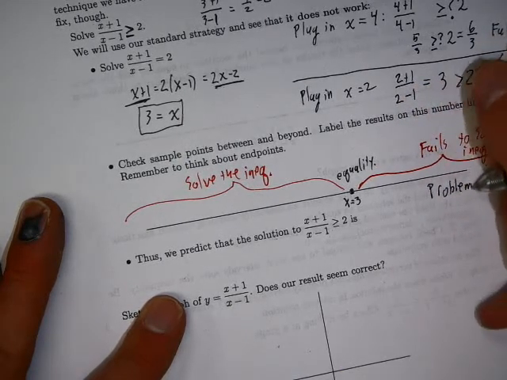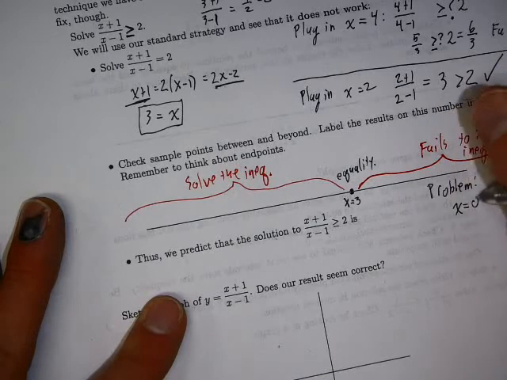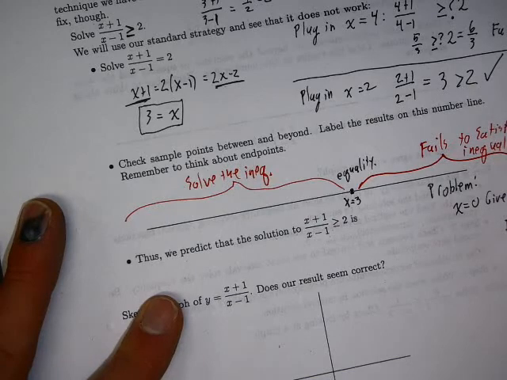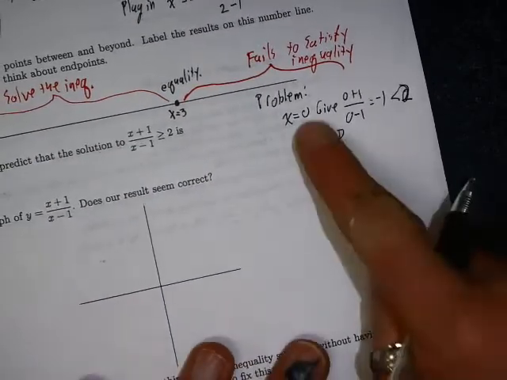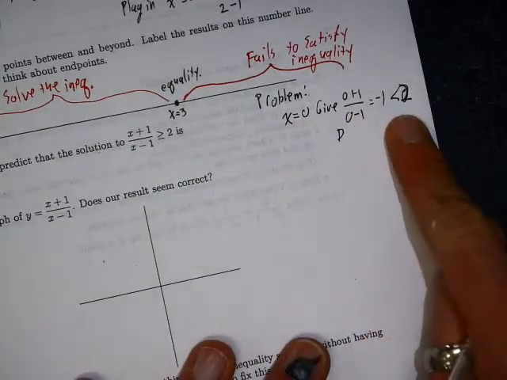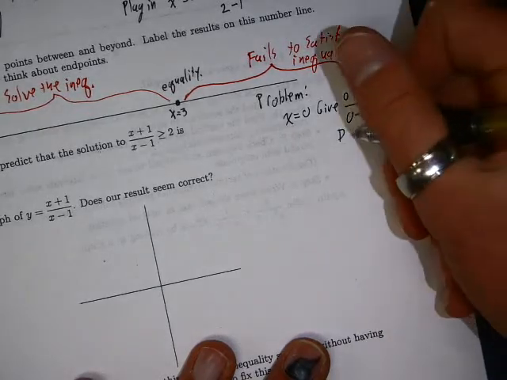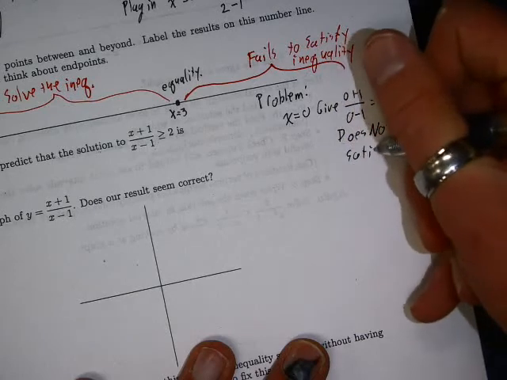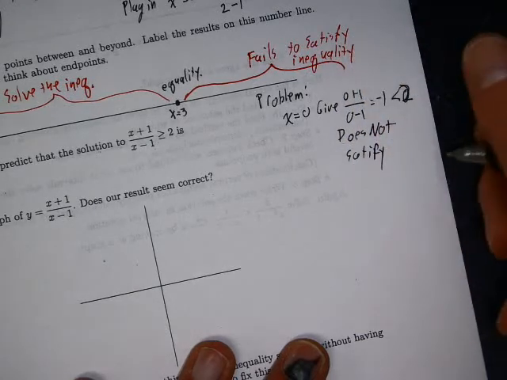Problem. X equals 0 will give, well, I guess 0 plus 1 over 0 minus 1 is minus 1, which is less than 2. Can you move it over? Yeah. So the problem is when we plug in x equals 0, we get negative 1, which is strictly less than 2. This does not satisfy the inequality that we want.